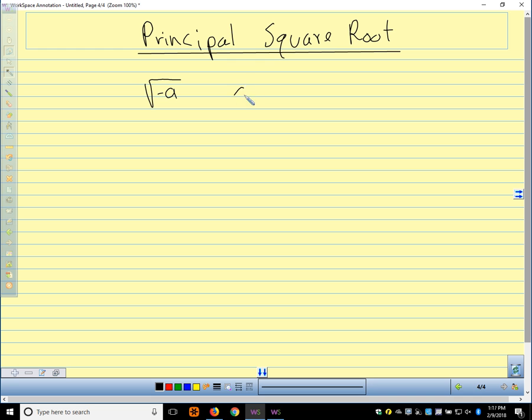Square root of negative a, where a is a real number, equals the square root of negative 1 times the square root of a, and the square root of negative 1 is i. So by convention, this is how we're going to take the square roots of negative numbers.